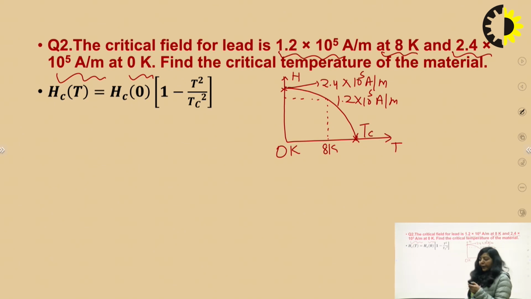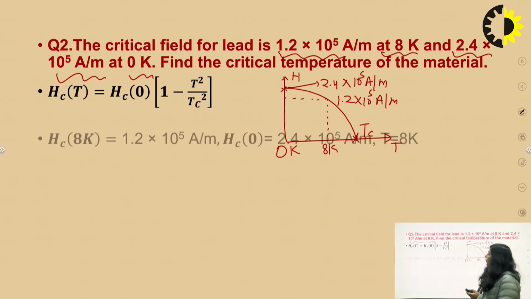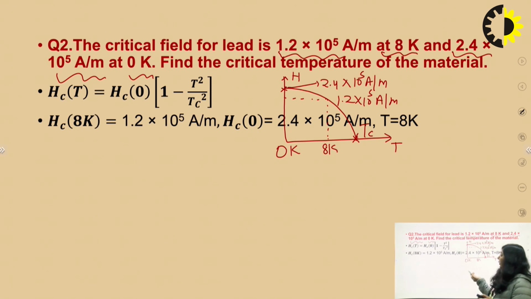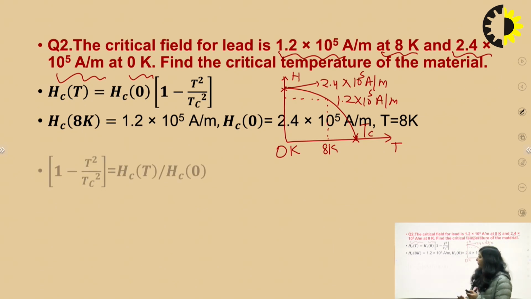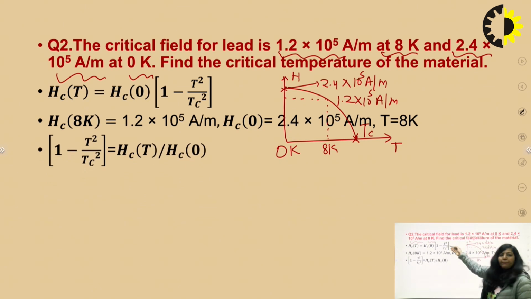In order to find that, first identify what is given in the question. As we have already discussed, all the given terms are mentioned over here: the critical magnetic field at 8 Kelvin, at 0 Kelvin, and the temperature which is in between 0 and Tc, that is 8 Kelvin here. So we will simplify this mathematical expression for the required parameter.